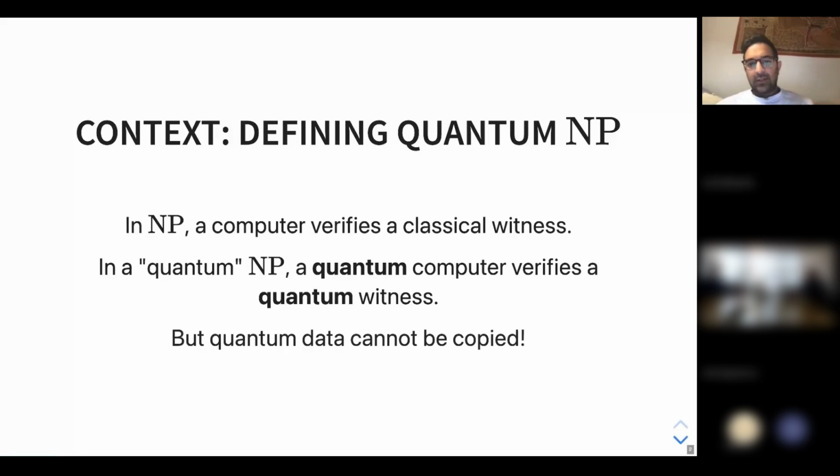There's one catch here, which is that quantum data or quantum witnesses cannot be copied. There's this no-cloning theorem. If I give you an arbitrary quantum state, you cannot just make two copies of it. And so the question is, maybe there are different definitions of quantum NP, and some might be better than others, or at least more powerful than others.